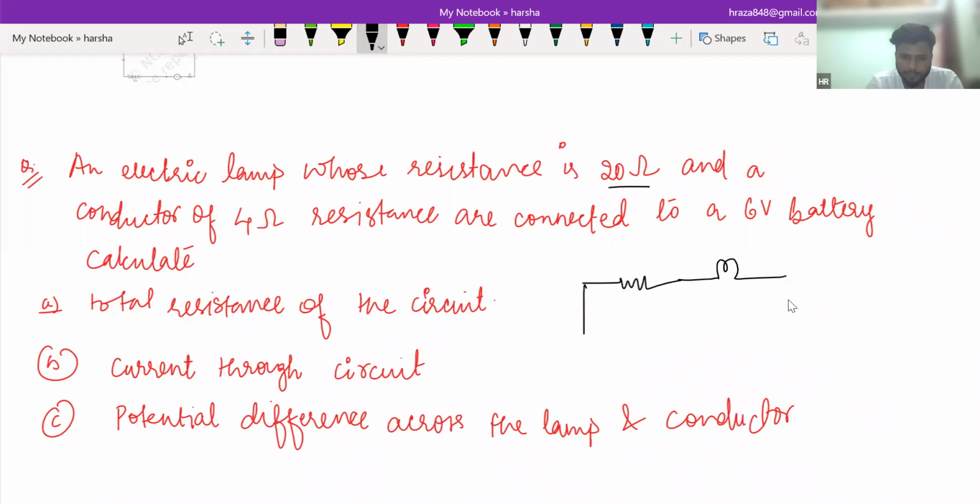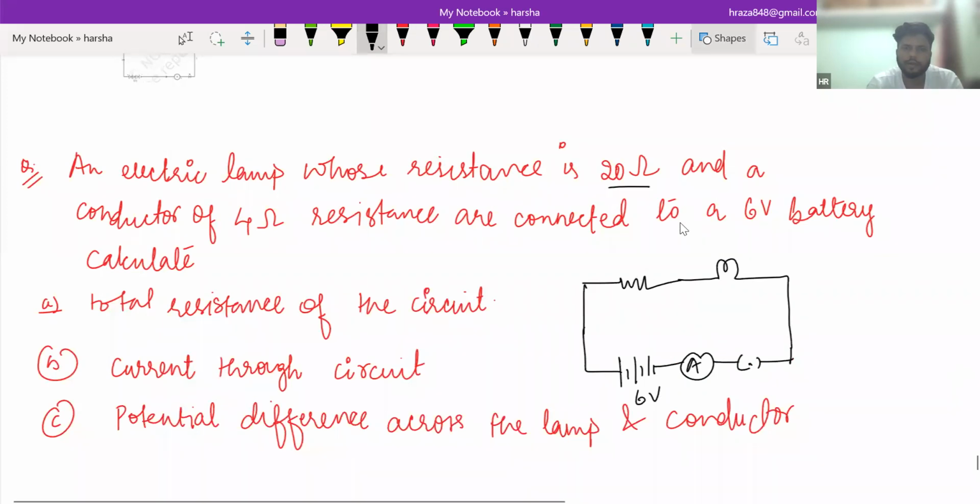This is the bulb, and this is the battery. This is the ammeter. This is the switch. This is 6 volt, and this is the basic representation. The electric lamp is 20 ohm, and a conductor of 4 ohm, that means the wire has 4 ohm resistance.